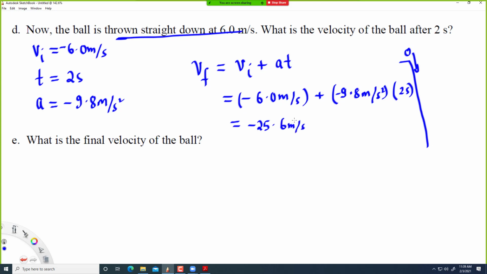I'm not considering the significant figures here. It has only one significant figure, so if you want to write the right significant figure, it will be 30.